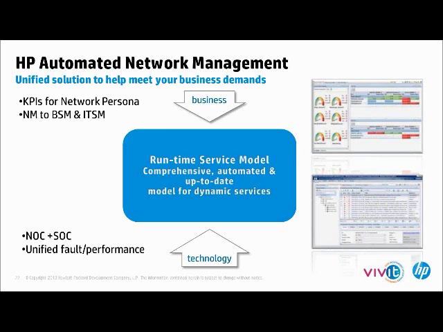So the whole goal of A&M is really to allow network operators and users like yourself to fundamentally reduce the amount of time it takes to repair issues that are occurring inside of your network.